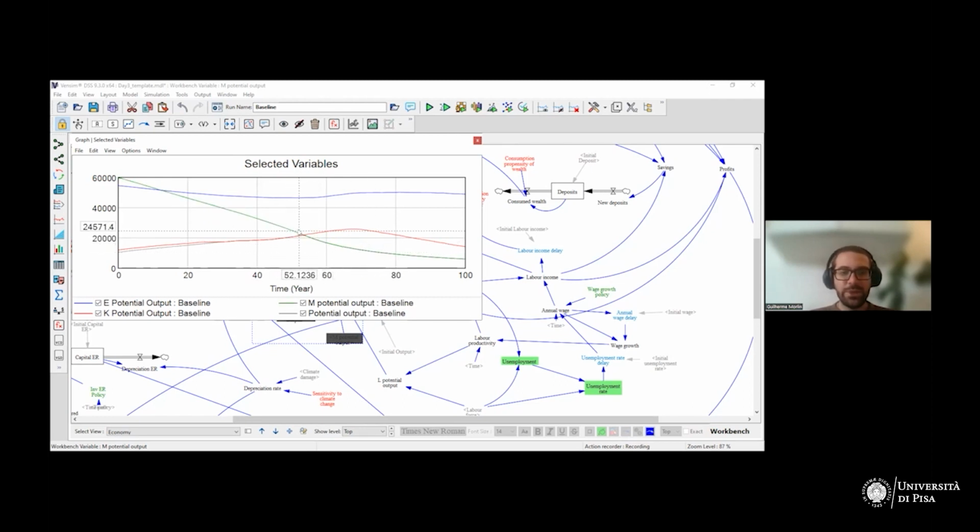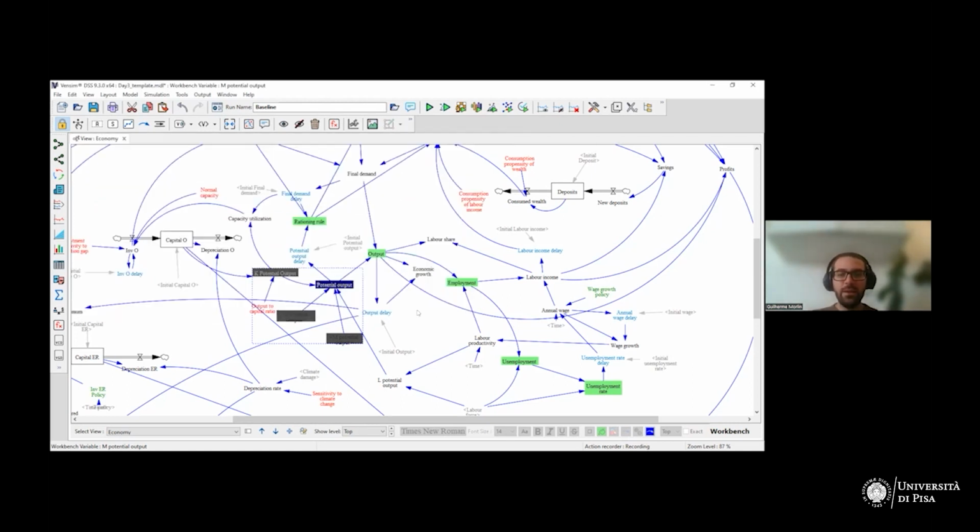So this is what's reducing the potential output after period 53, 54. So the potential output of the economy is the gray line, and you can see that it increases more or less in line with the capital potential output, but then after this point, it starts to decrease. So basically in this scenario, there is a constraint in terms of availability of materials, and this is reducing demand and growth after some period.